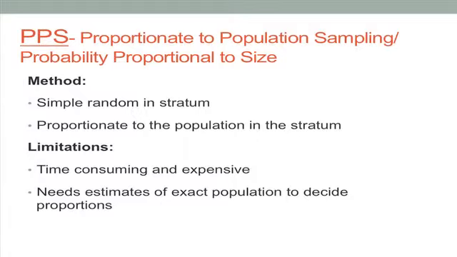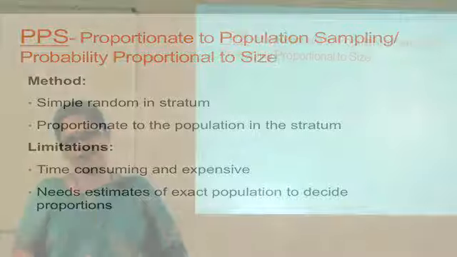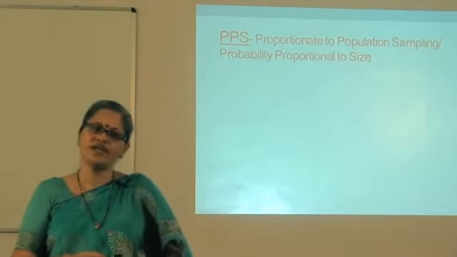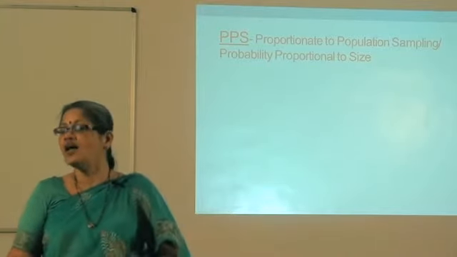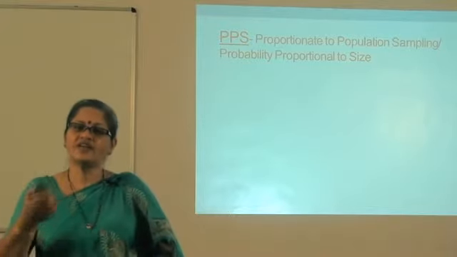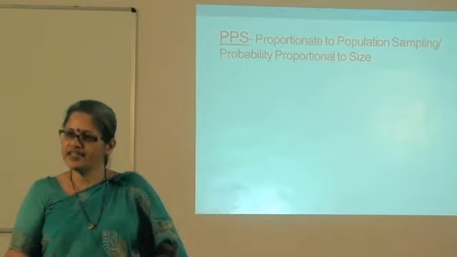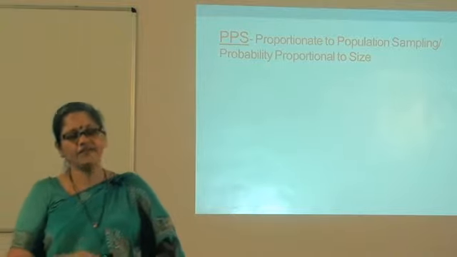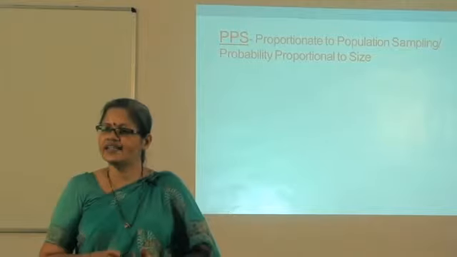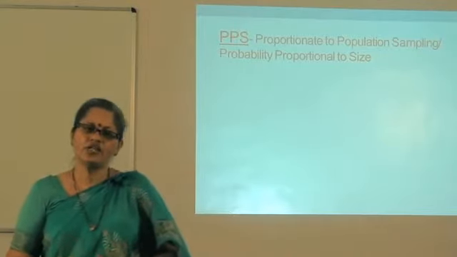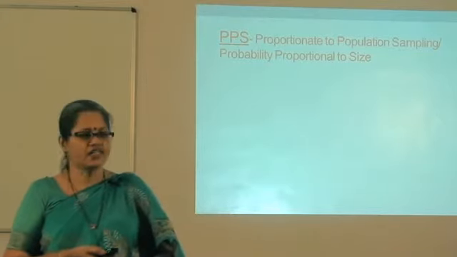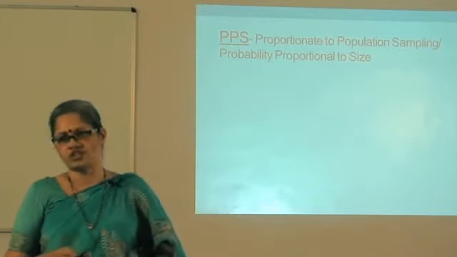We go for proportionate to population sampling. Now, in earlier stratified random sampling, what did we take? We just took the strata irrespective of the size of the population. Now, we are going one step further. We are considering the strata, and at the same time we are considering the size of the population when we are selecting the sample. For example, if I am talking about students studying in undergraduate courses, there are science students, arts students and commerce students.